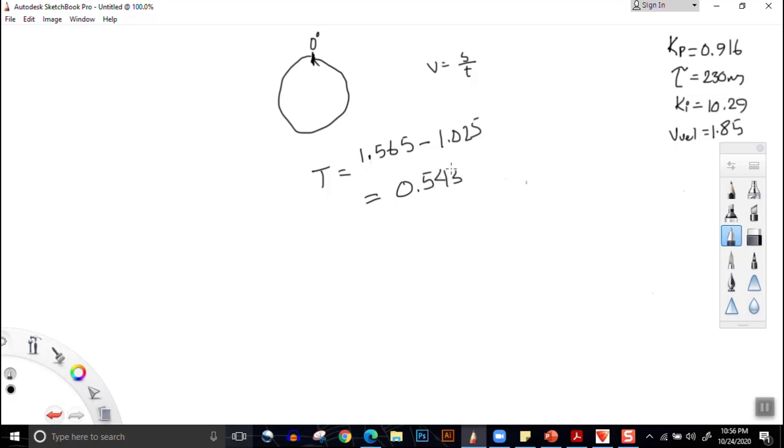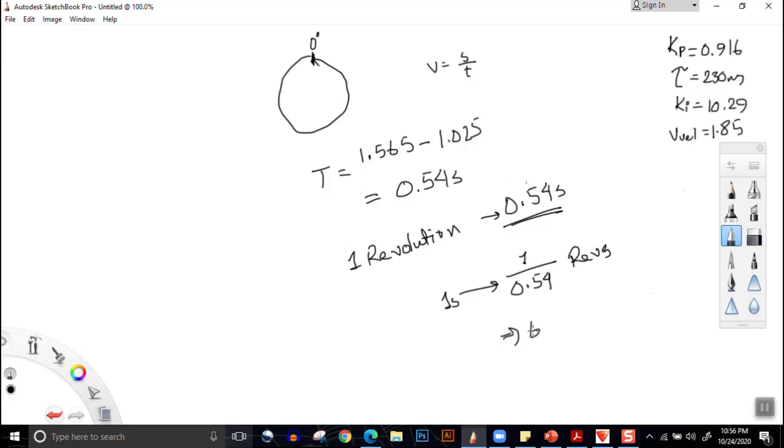Now, since the time period is 0.54 seconds, that is, for one revolution it takes 0.54 seconds, in 1 second it can revolve 1 divided by 0.54 times.